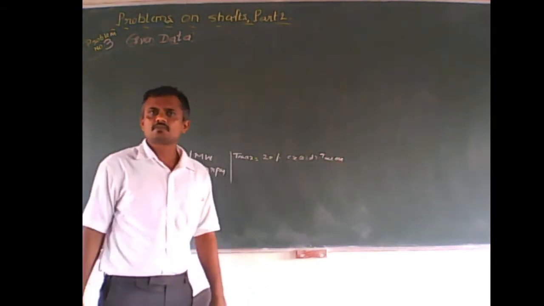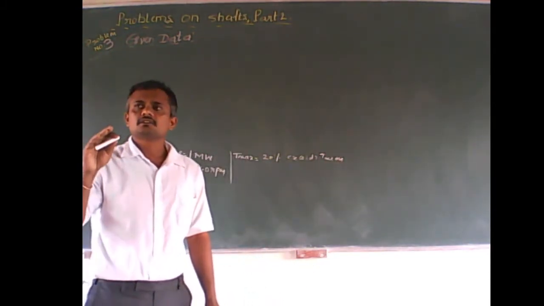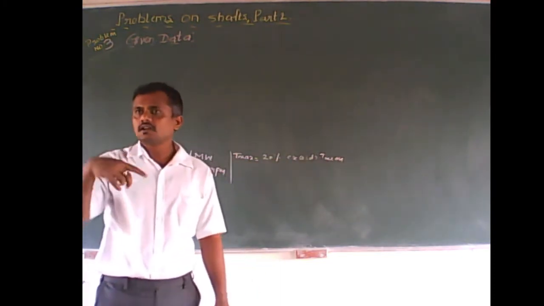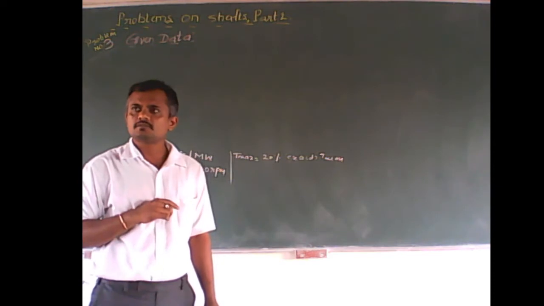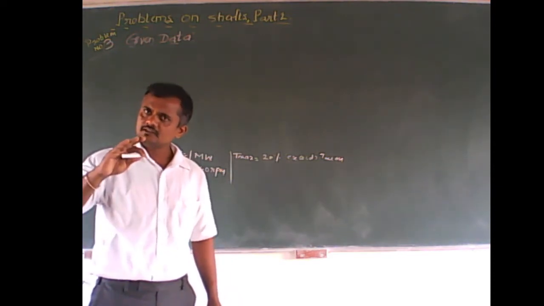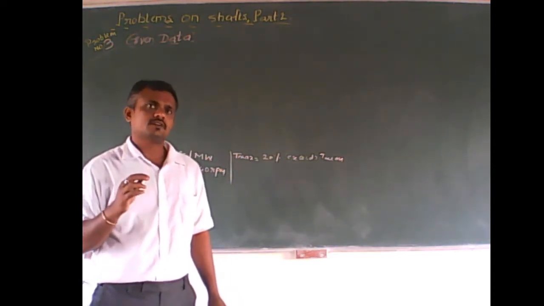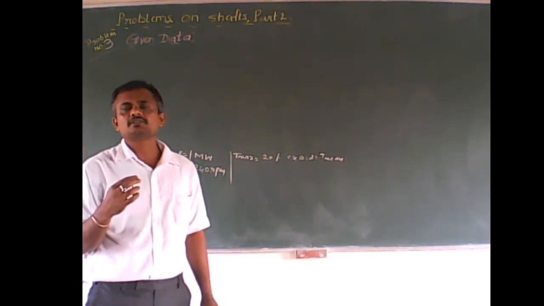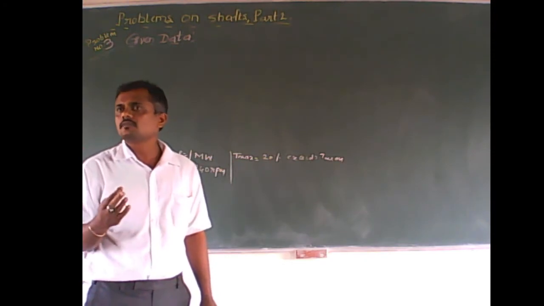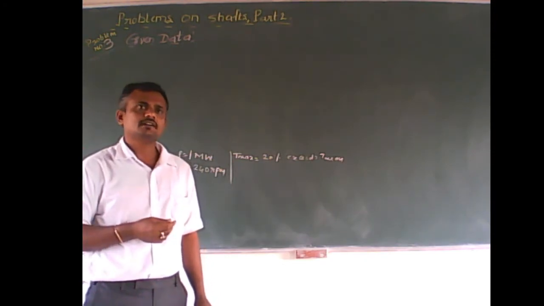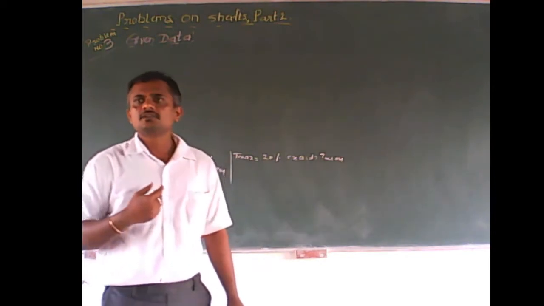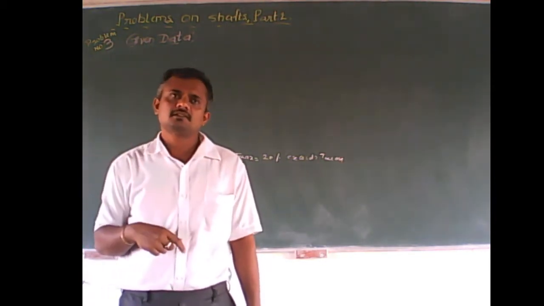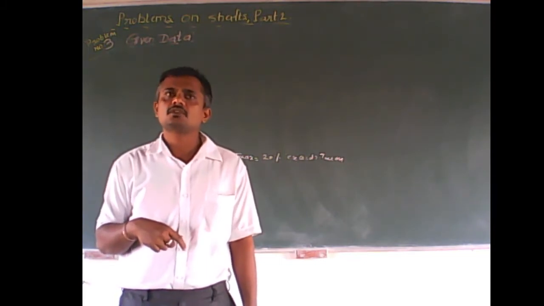What does it mean? Suppose I say T mean is 100 newton mm. So 20% more than T mean we have to consider. That means 120 newton mm, right? It is like if I have 100 rupees and you have 20% more than my amount, how much do you have?